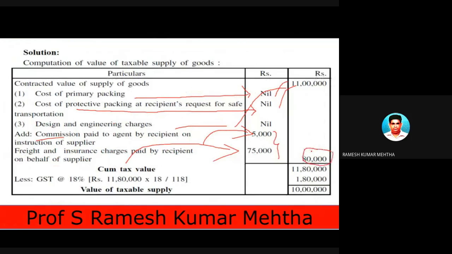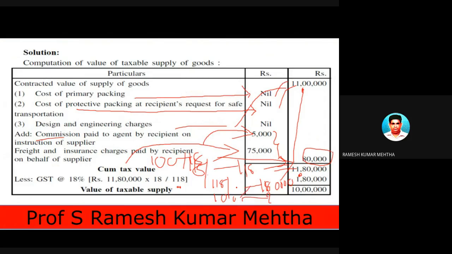So we have to add 80,000 rupees. If you add 80,000 to 11 lakh rupees, you will get 11 lakh 80,000. Now this 11 lakh 80,000 is inclusive of 18 percentage, as already told. So 118 percentage is equal to 11 lakh 80,000, because 100 percentage plus 18 percentage is equal to this much. So 100% is how much?